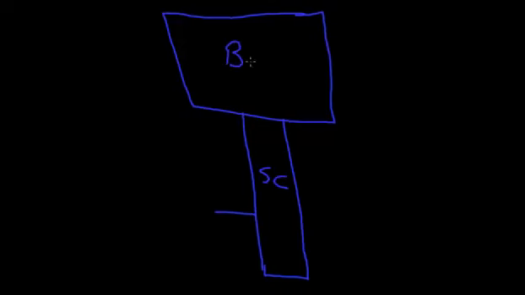If we draw ourselves a brain and a spinal cord, and if you remember from before, spinal nerves come off the spinal cord. Actually, we'll just label this spinal cord, brain. If we remember, spinal nerves come off the spinal cord and they go out to the periphery.